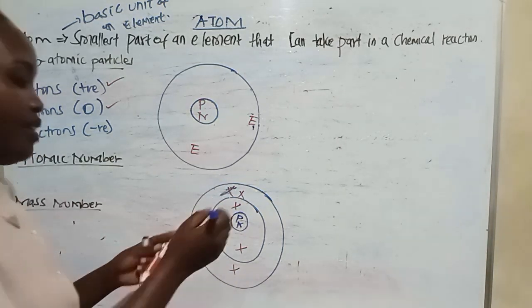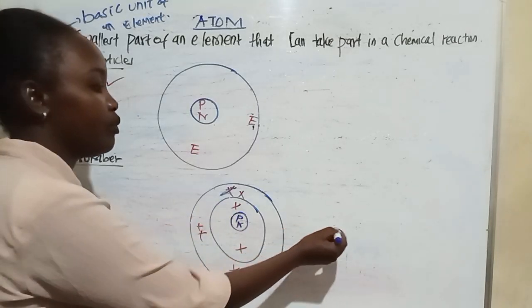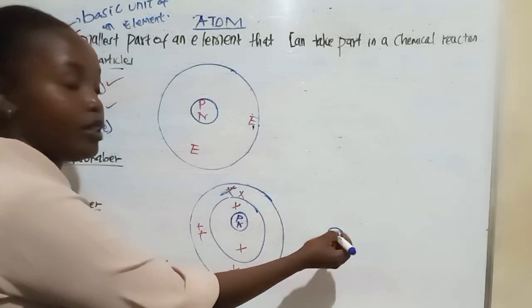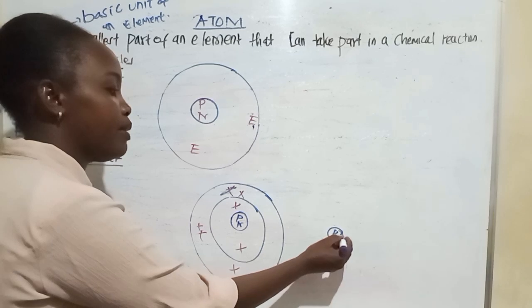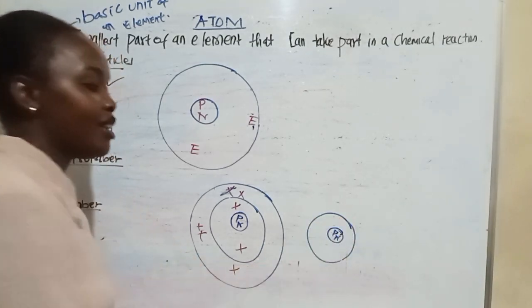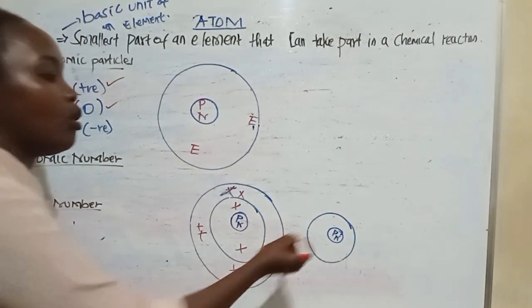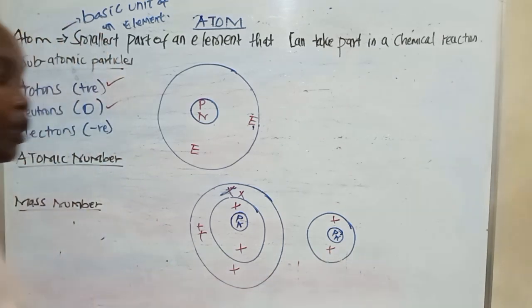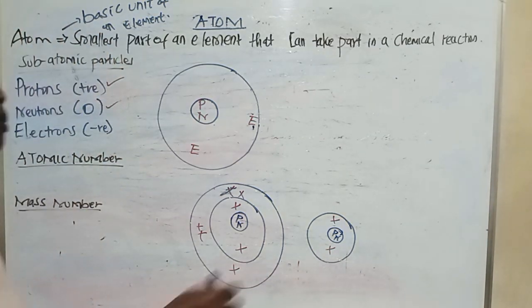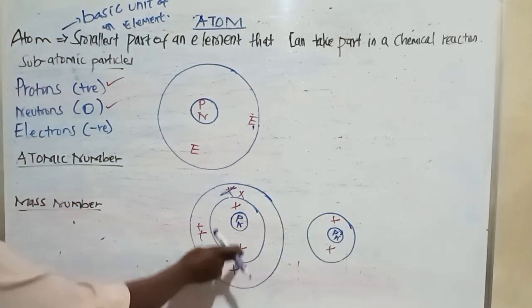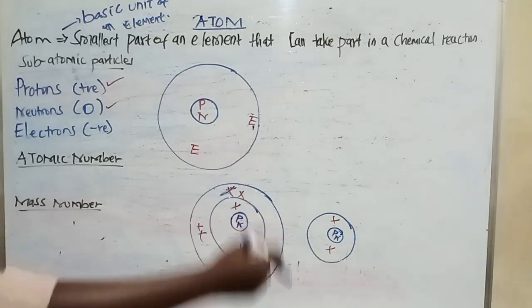And you can have another atom. This is the nucleus where we have our protons and our neutrons. You can have another atom having only a single energy level. You can have another atom that has 2 or 3 energy levels.